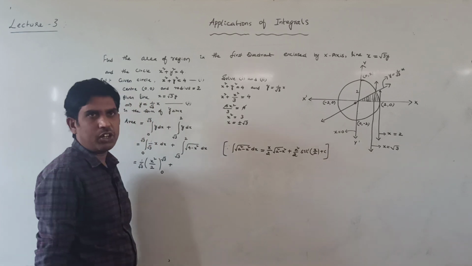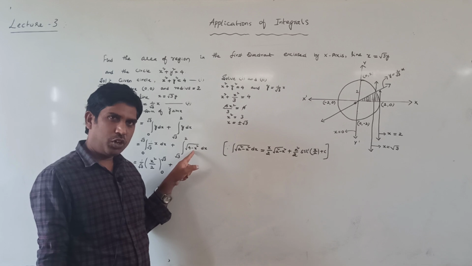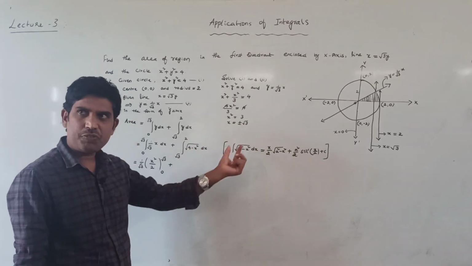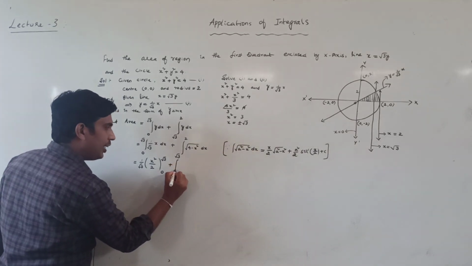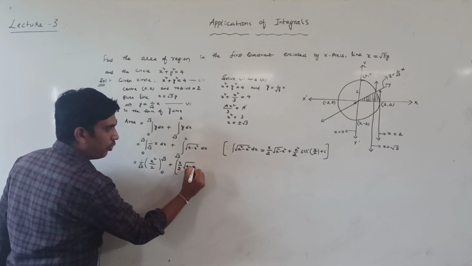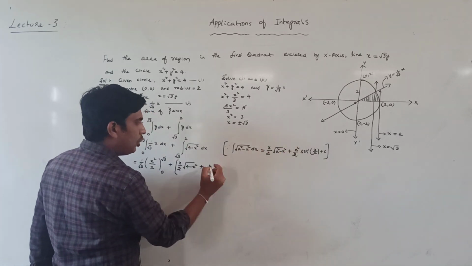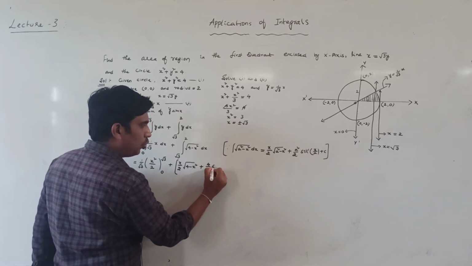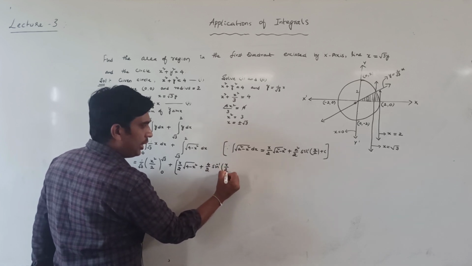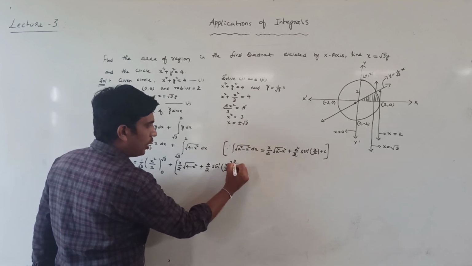So this is the formula. Given the integral, 4 can be written as 2 square, so this is in that form. Applying the formula, we get x by 2 root over 4 minus x square plus 4 by 2 sin inverse of x by 2, with limits taken from root 3 to 2.